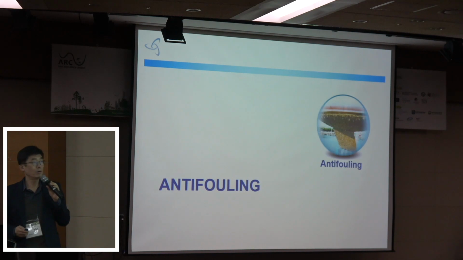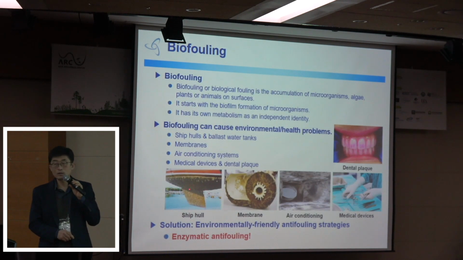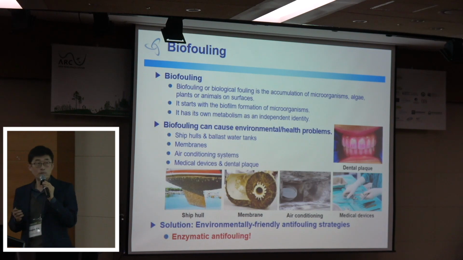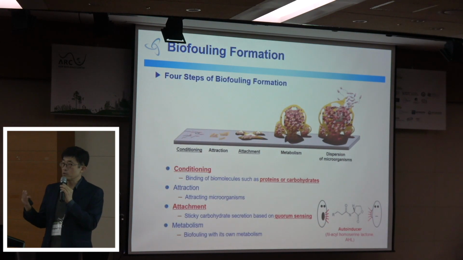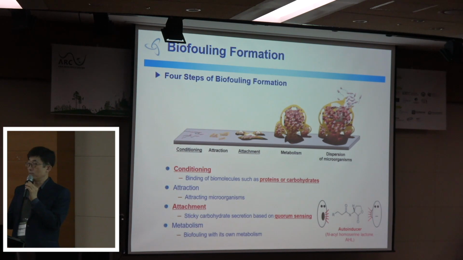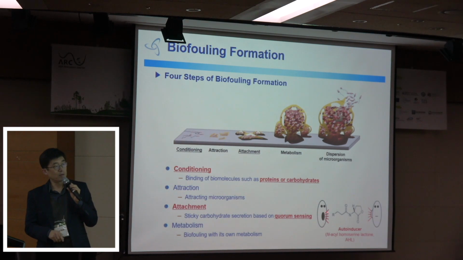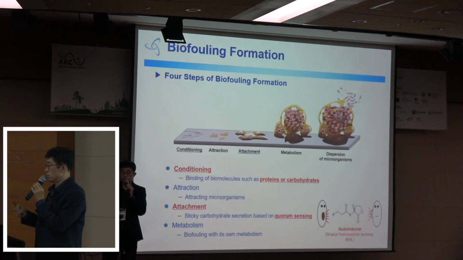Biofouling causes a lot of trouble, not only for membranes, but today I'm going to show how I can use this stabilized enzyme for the anti-fouling purpose. When you're thinking about biofouling, it mostly starts with biofilm formation. It is based on quorum sensing, the communication between the microbes.